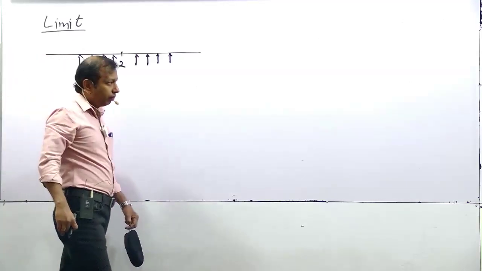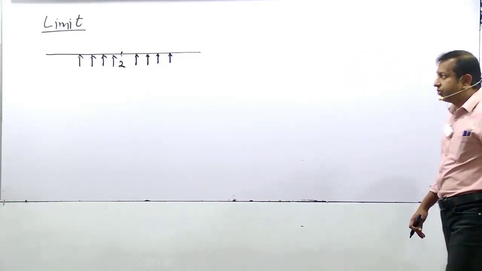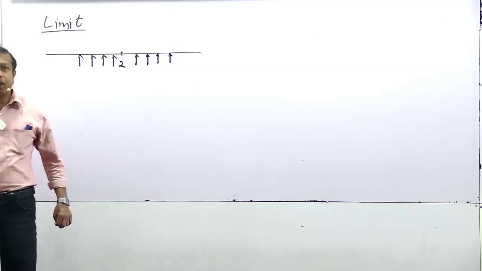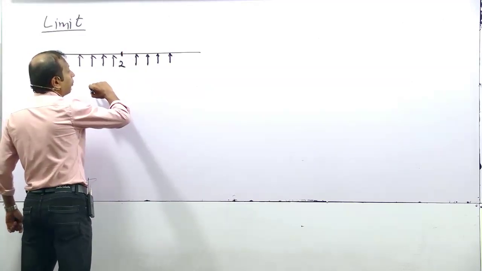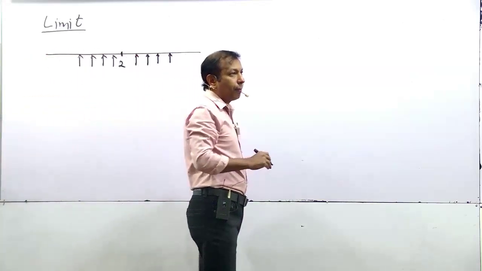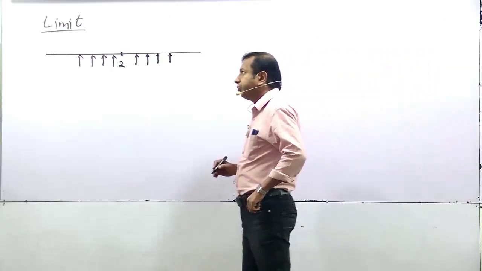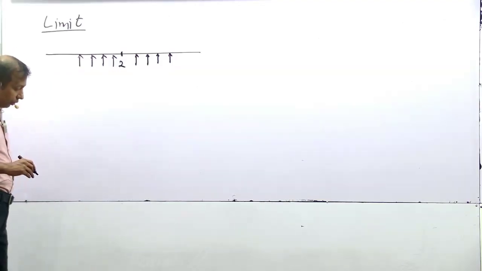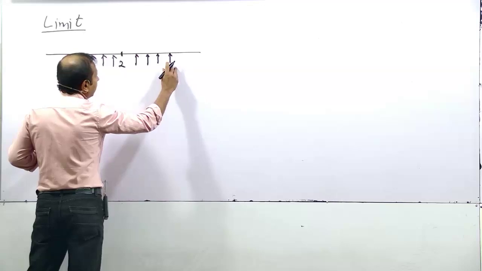Consider a variable x that takes the values on either side of 2 on the real number line.